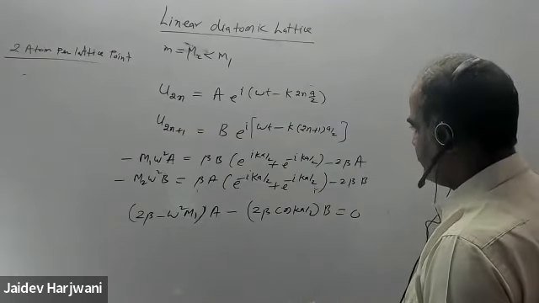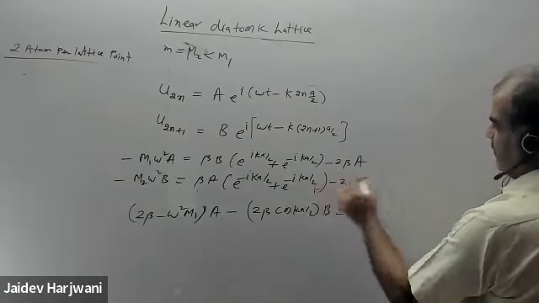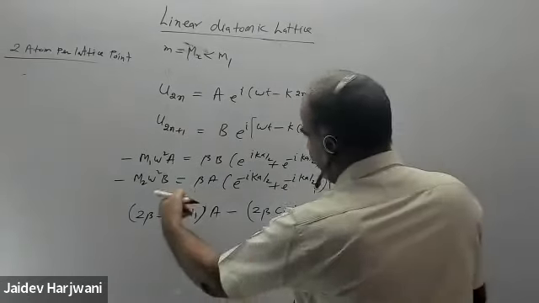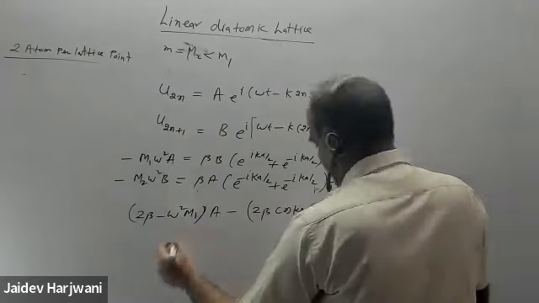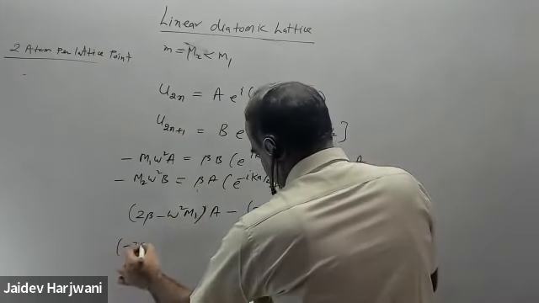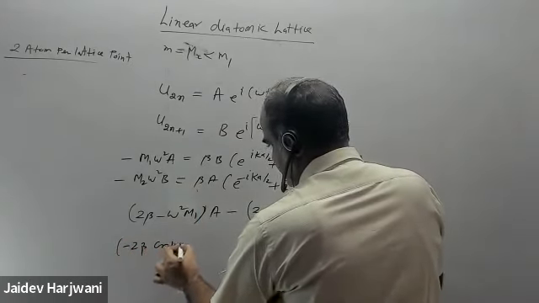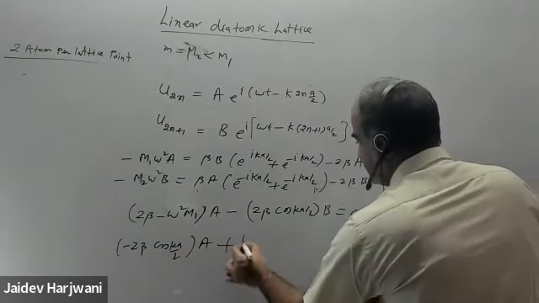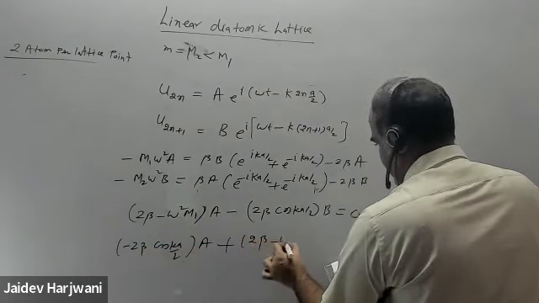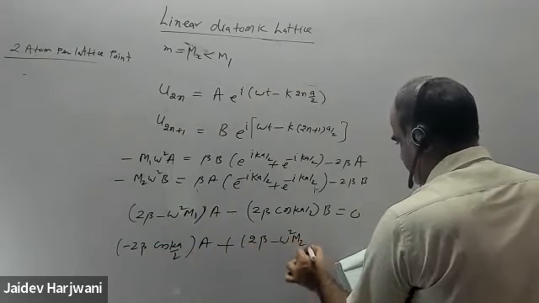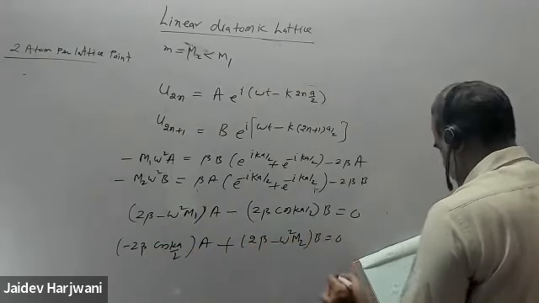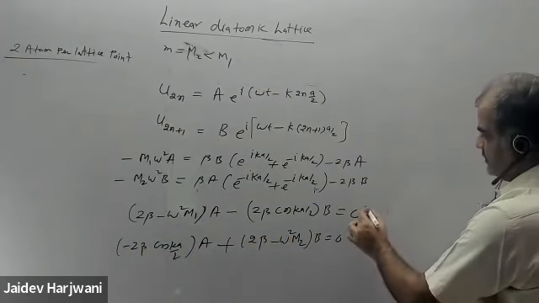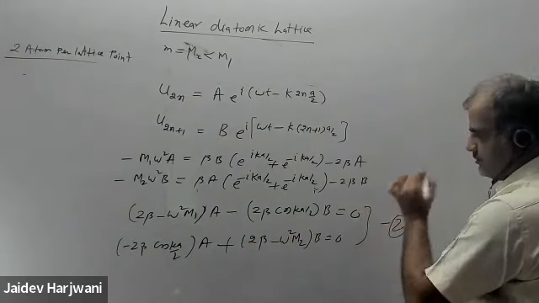So this is my first equation. Similarly, if I rearrange the other equation, I can write -2β cos(k/2) a plus (2β - ω² m2) b equals 0. Let us say this is my second equation.